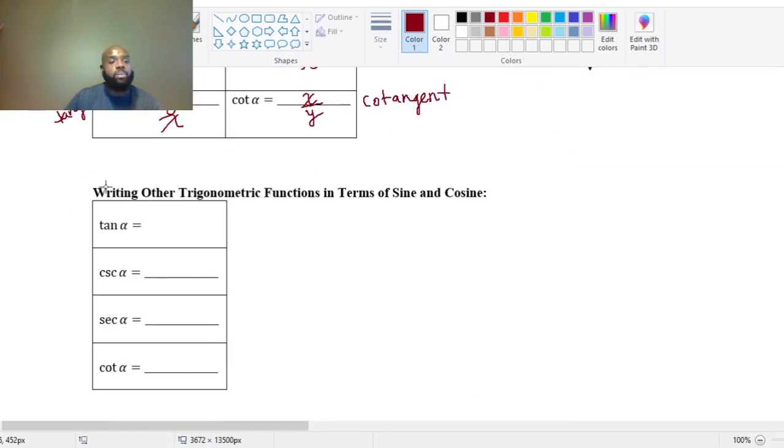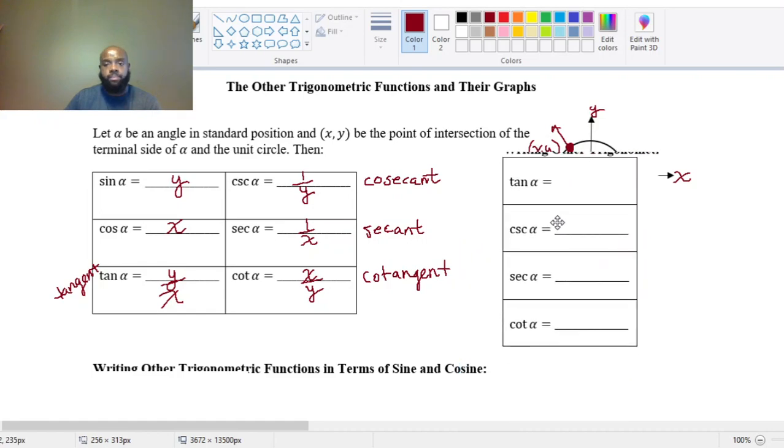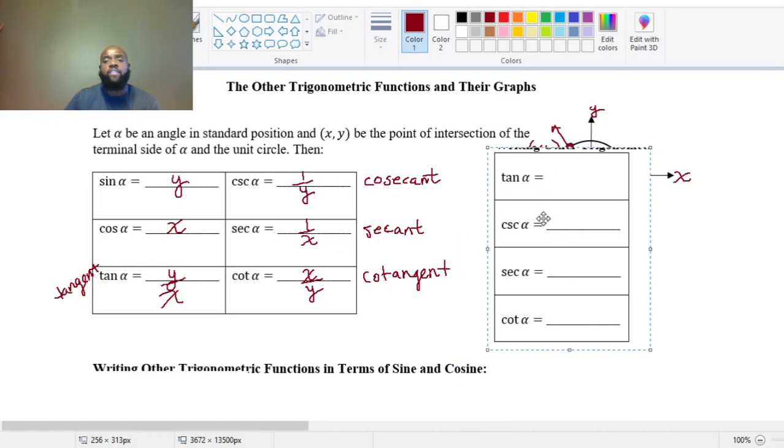I'm going to pull this up a little so we can see more clearly. Tangent is y over x, and so if sine of alpha is y and cosine of alpha is x, then tangent is sine of alpha divided by cosine of alpha.